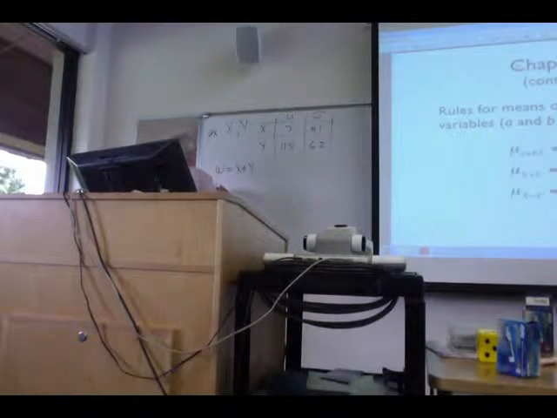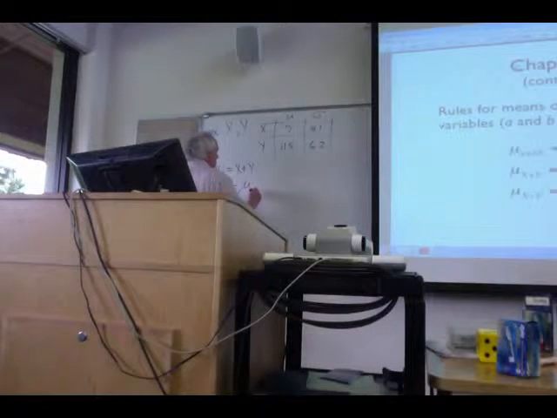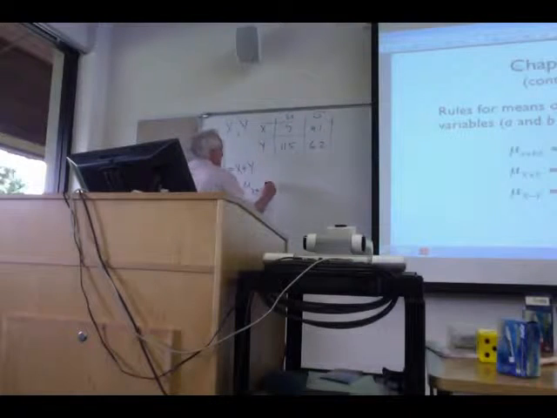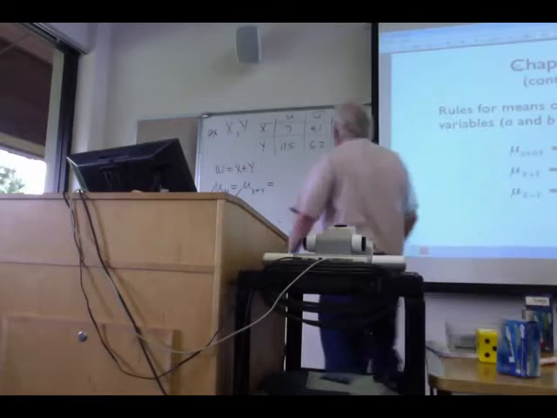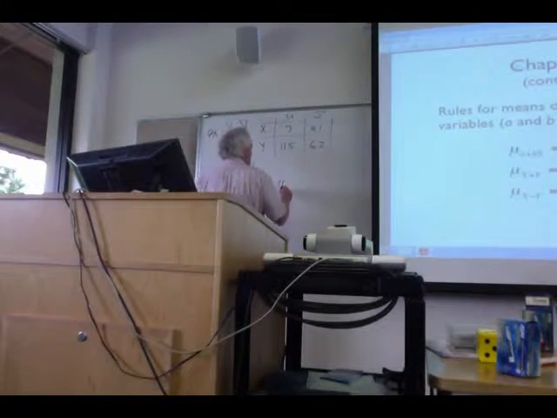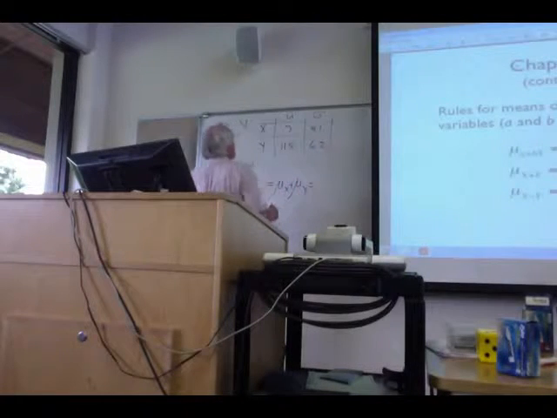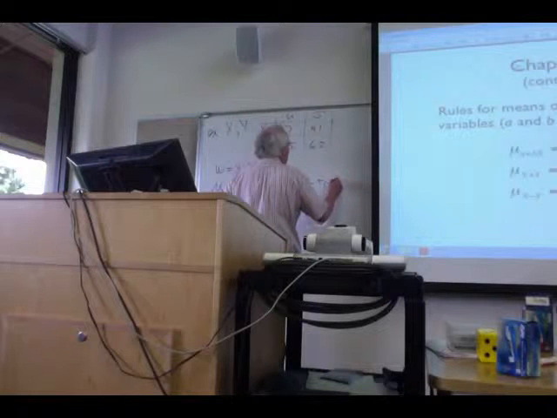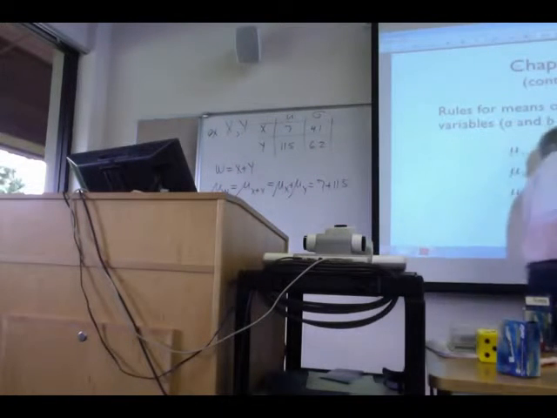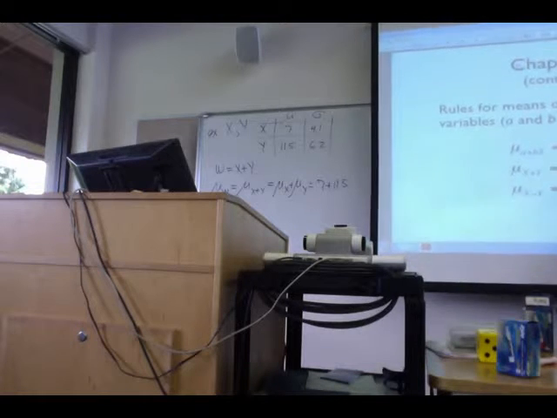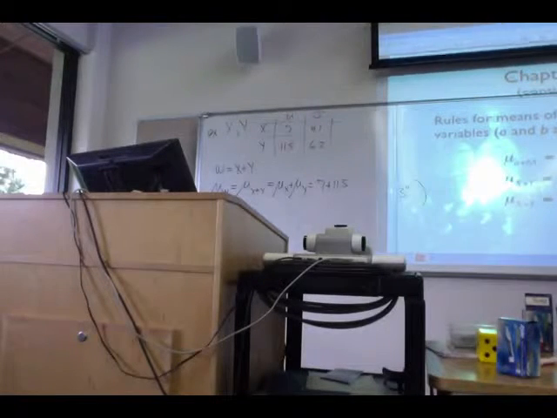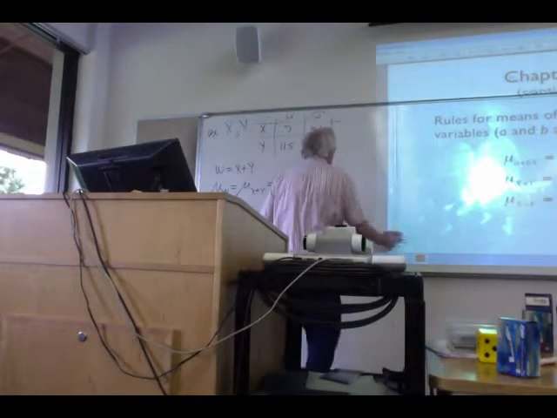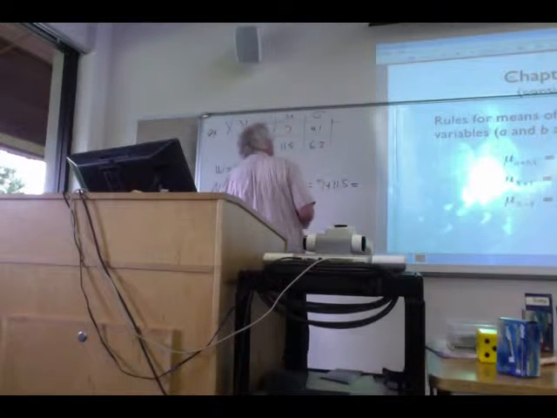The mean of W, which according to that equation there is simply the sum of X and Y, the rule says all I have to do is add the means for X and Y. So that would be equal to 7 plus 11.5. Which, when added together, I guess that's going to be 18.5?